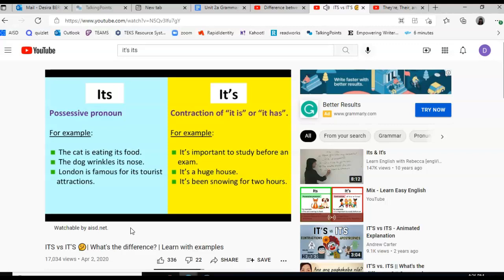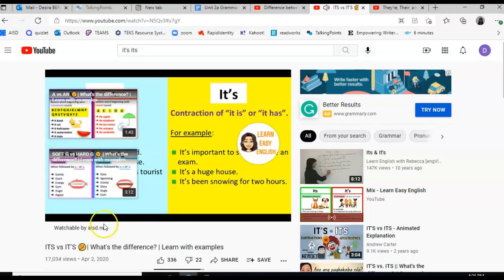If you're ever confused about which one to use, then think about whether the sentence would make sense if you included it is or it has. If it makes sense, then include the it's with the apostrophe. However, if the sentence doesn't make sense with it is or it has, then you know you have to use the possessive pronoun its.